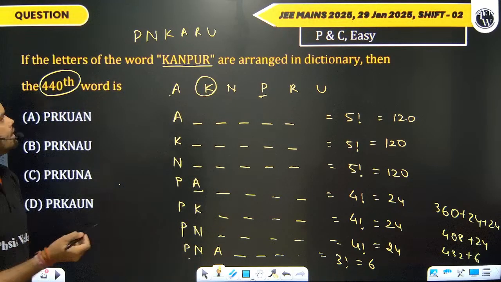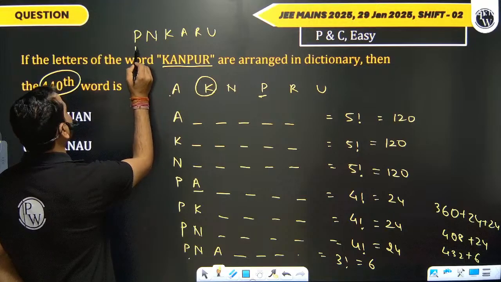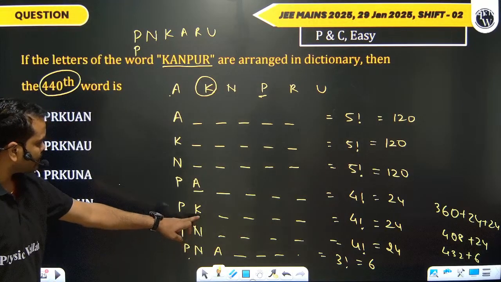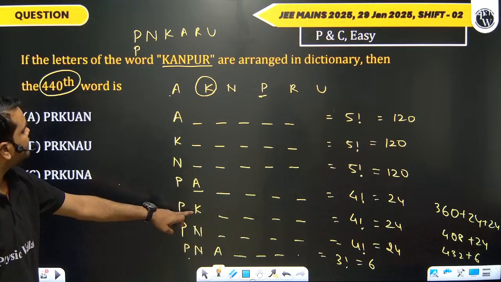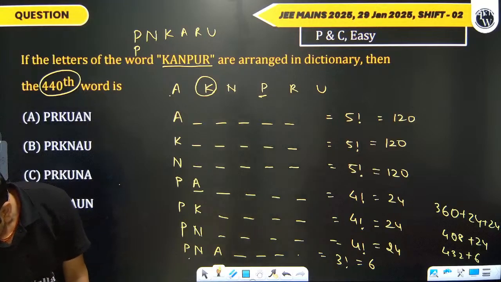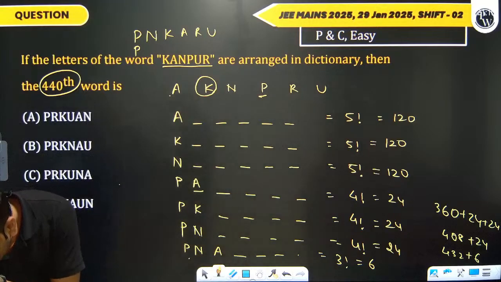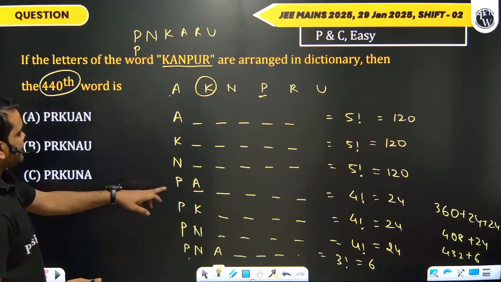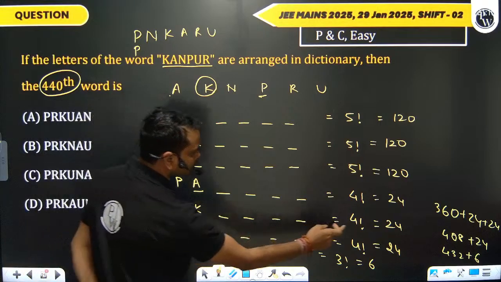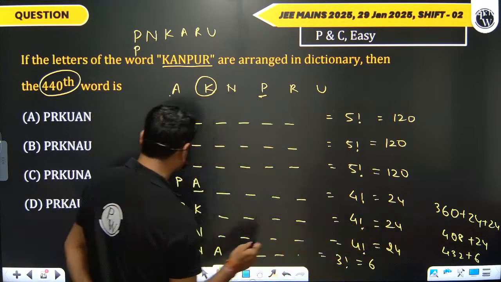Right? And then it should be P, one minute, P, A, P, K, and then P, N. What is the mistake here? Voice is not coming. Okay, Pranit, hi, hello. Okay. Next, so it should be like P, N. P, N is gone, so it is 24 plus 24 plus 24.